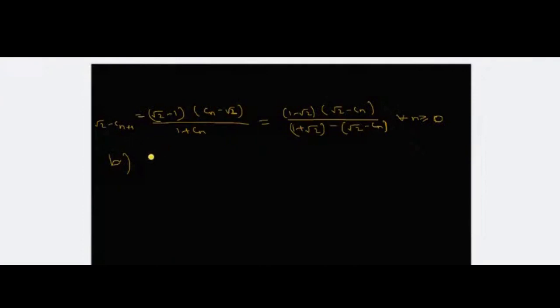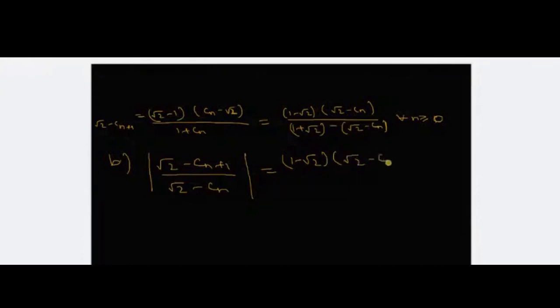B part, we take the modulus of root 2 minus c_(n+1) by root 2 minus c_n. We substitute what we found here.